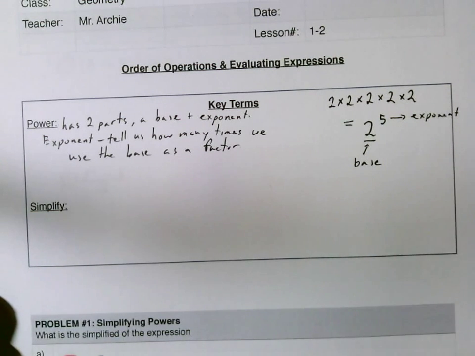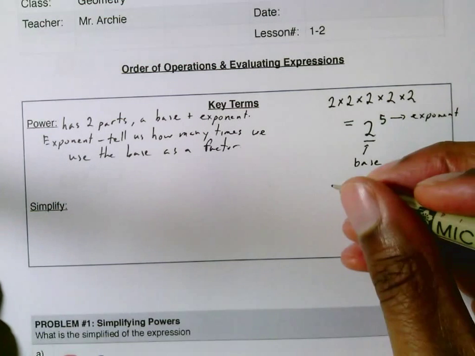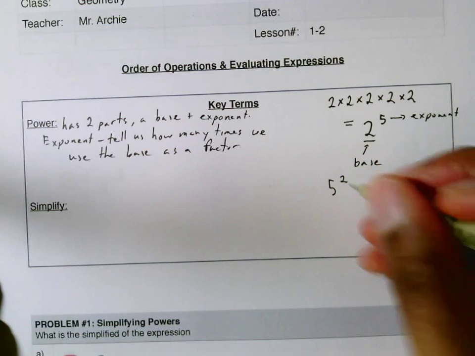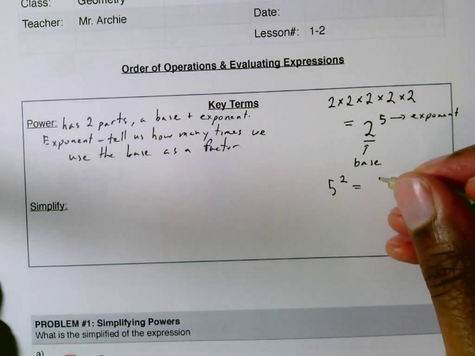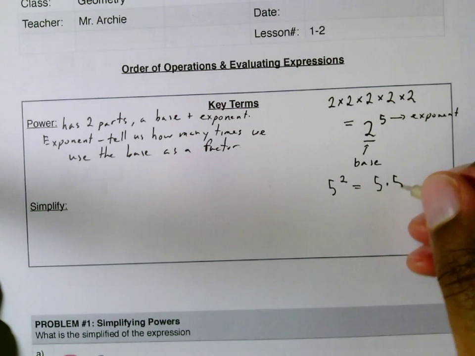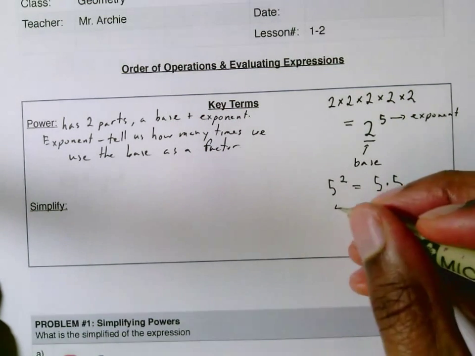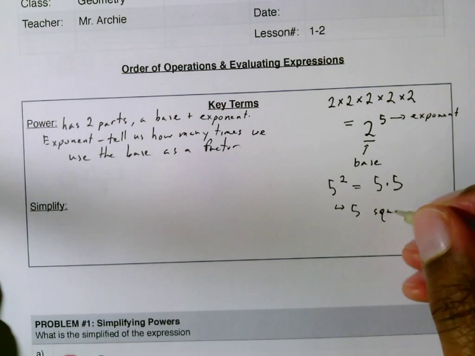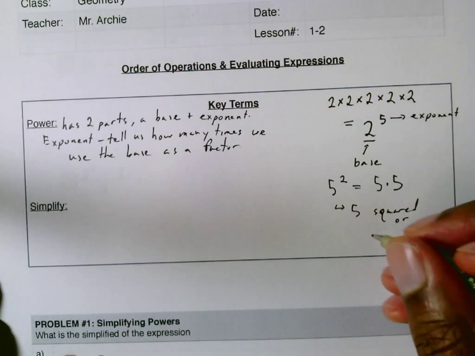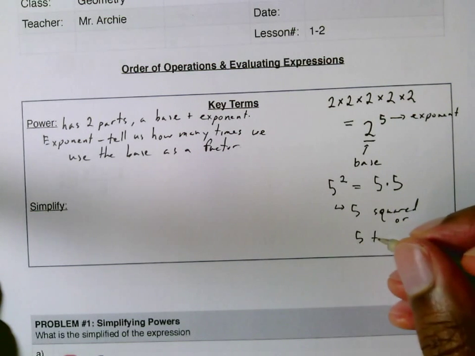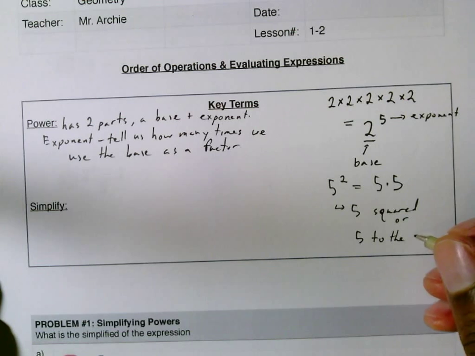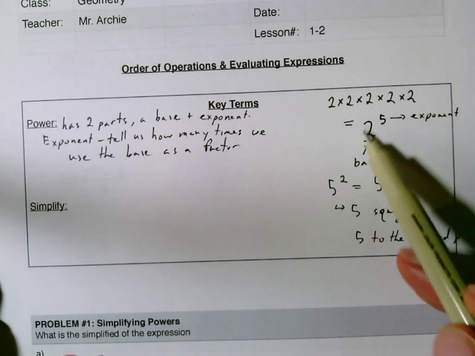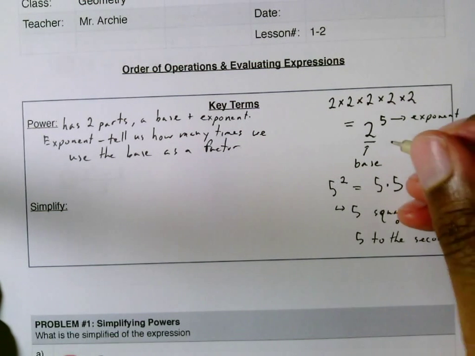And obviously, if I wrote 5 squared, I can write that the long way as 5 times 5. I would read it as 5 squared, or 5 to the 2nd power, just like over here I would read this as 2 to the 5th power.